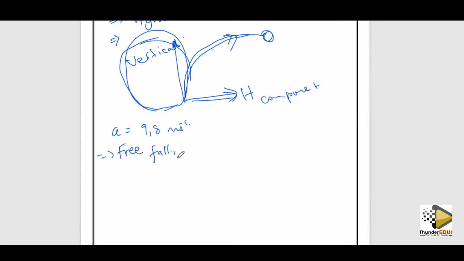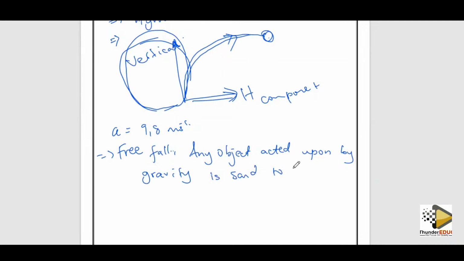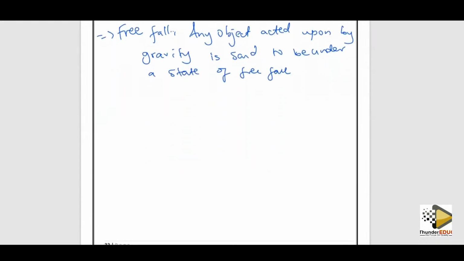Any object acted upon by gravity is said to be in a state of free fall. In other words, this is motion that is entirely influenced by acceleration due to gravity.